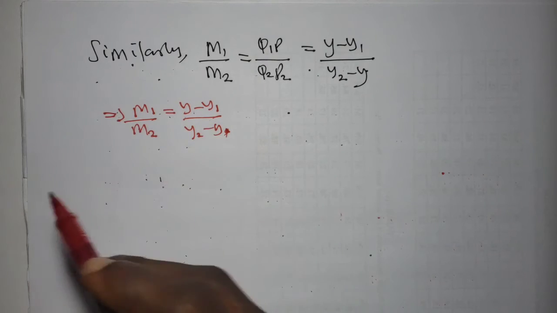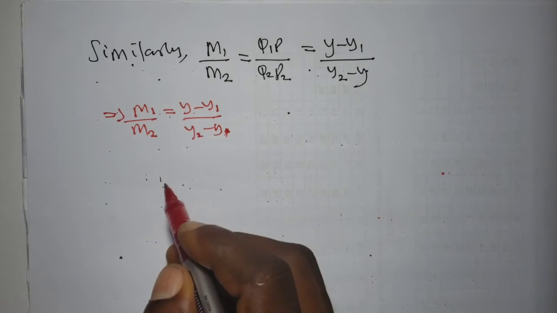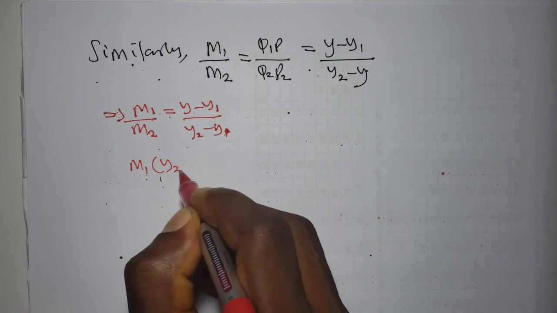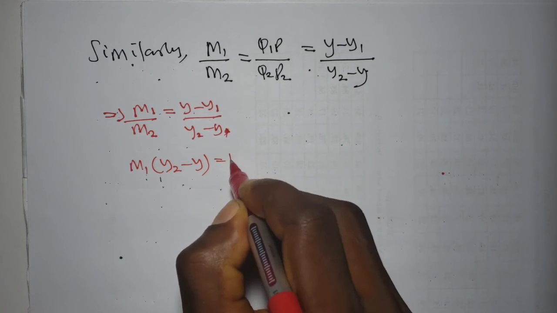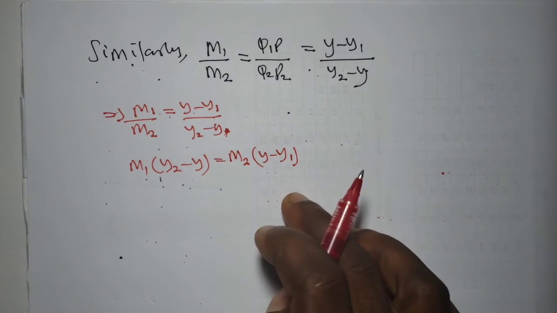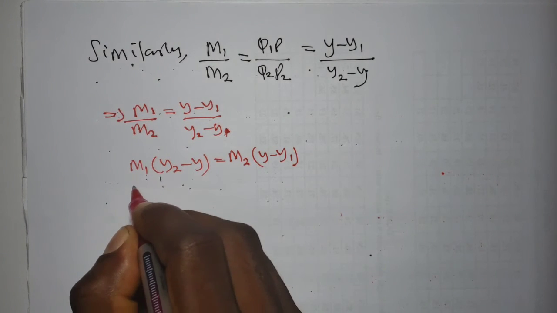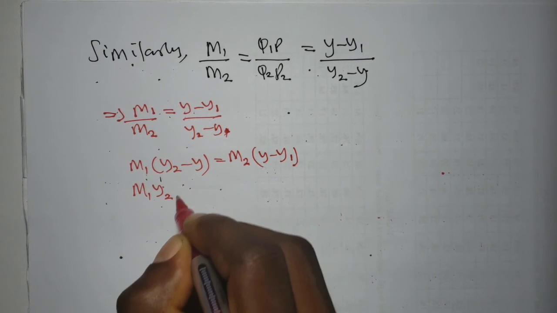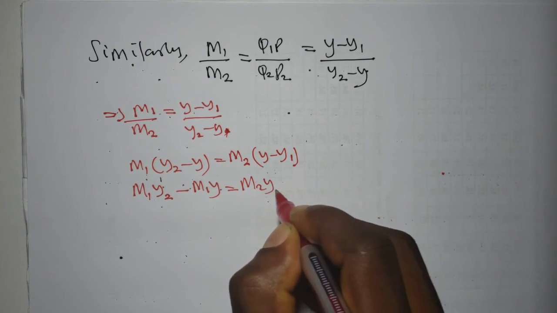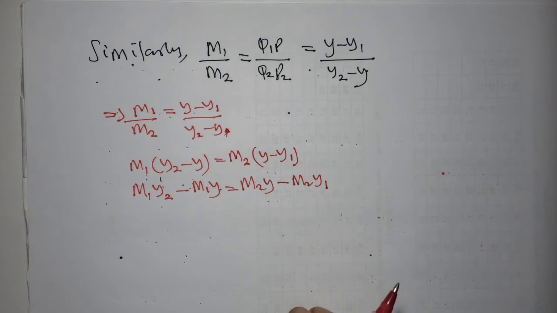So just like we had done before, we're going to cross and then make y the subject of the formula. So if we cross this, we're going to have M1 into y2 minus y equal to m2 into y minus y1. If we expand, we're going to have m1 y2 minus m1 y equal to m2 y minus m2 y1, of course.